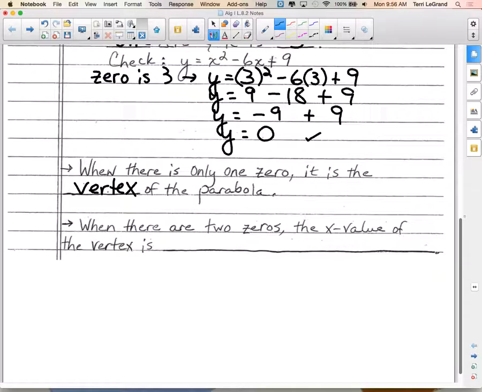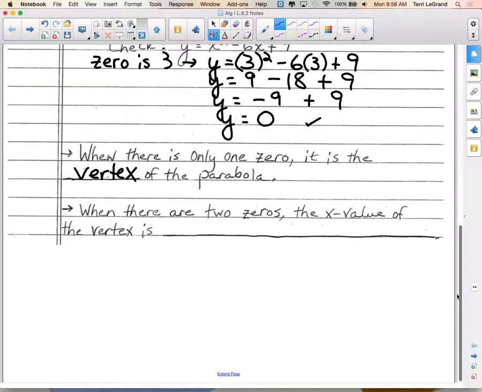Okay, well, when there are 2 zeros, like all of these have, the x value of the vertex is halfway between those zeros. And that's important because we sometimes have to be able to tell what the vertex is, and when we know the zeros, that will help us do it.